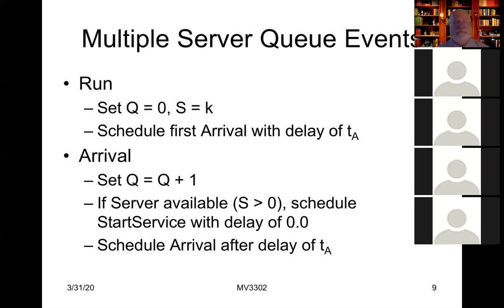In fact, we typically don't want to have states that depend on others and independently change their value. But the run event is going to set Q to 0 and S to K.